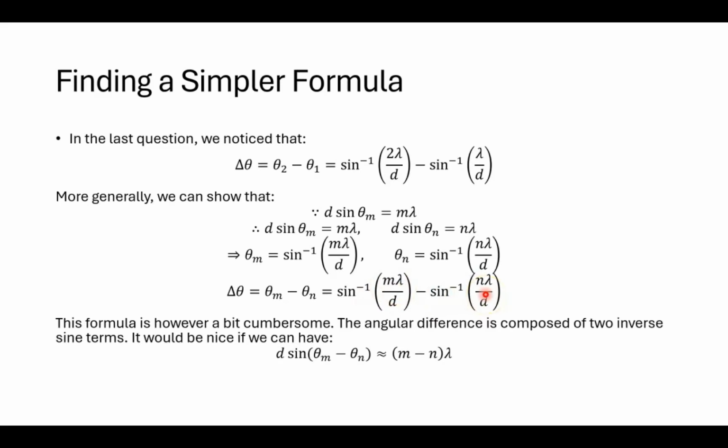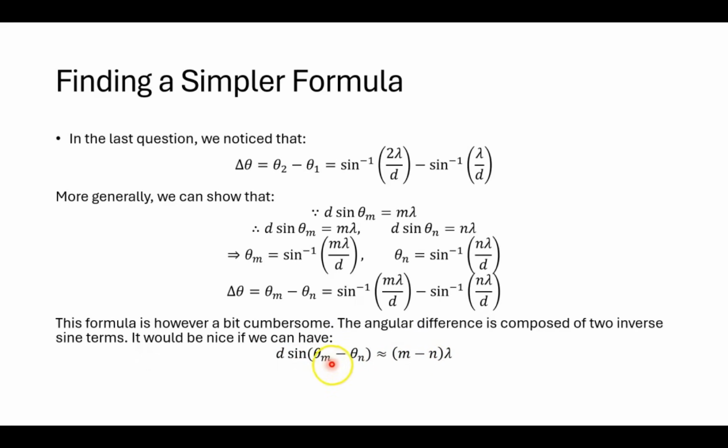However, this formula is very cumbersome. In the last question, if you try to enter all these things into a calculator, you will find that it's a very long expression because it's composed of 2 inverse sine terms. It would be nice if we could have this formula here. It tells us the sine of the angular difference is just proportional to the difference between the orders of the maxima.